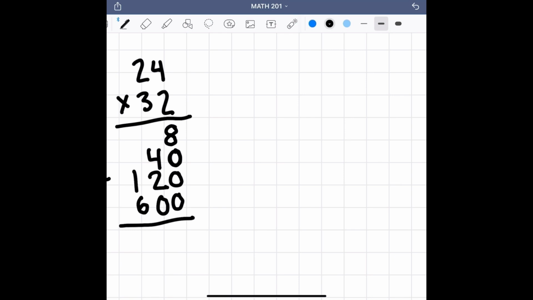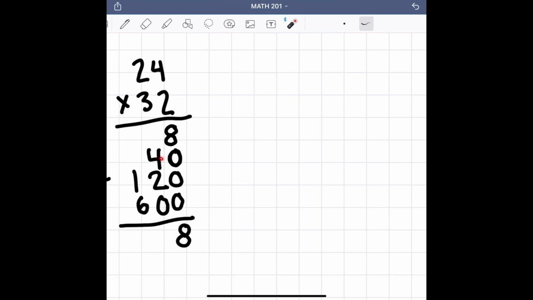We're going to add all of these numbers. So if we go through the first row right here, 8 plus 0 plus 0 plus 0 is going to equal just 8. So 8 in the ones place. Next, we're going to add in the tens place.